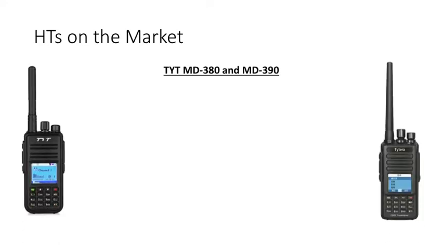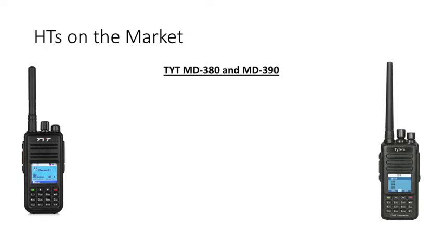Now, TYT makes the MD380 and the MD390. Here they are. You'll notice they look kind of similar to each other. The radio on the left is the MD380. The radio on the right is the MD390. I actually own an MD380. I really like this radio. When you start to get a little more complex into DMR, and in further videos I'll show you, there's a lot you can do with this radio.